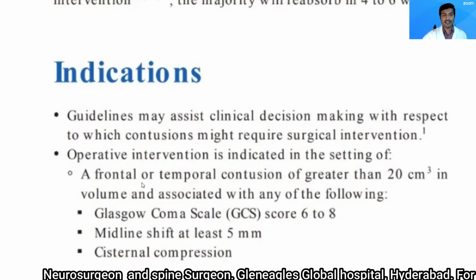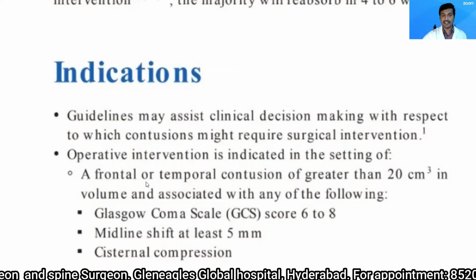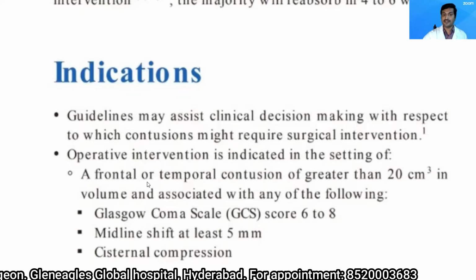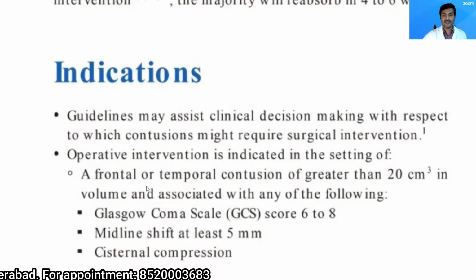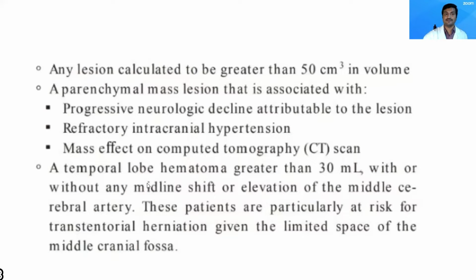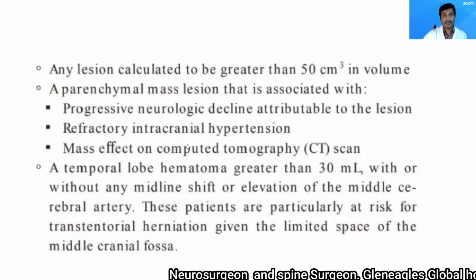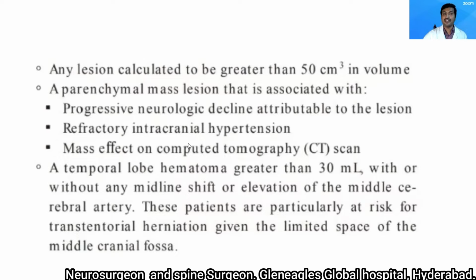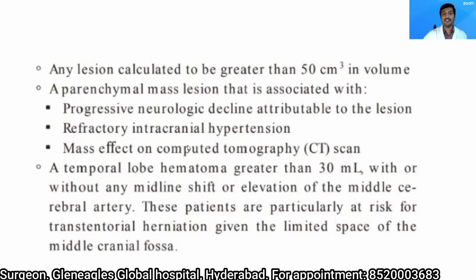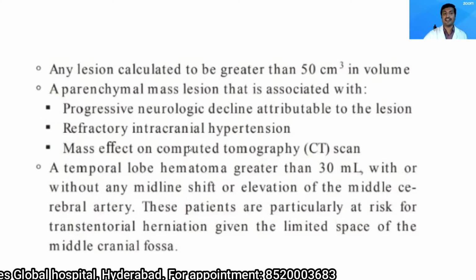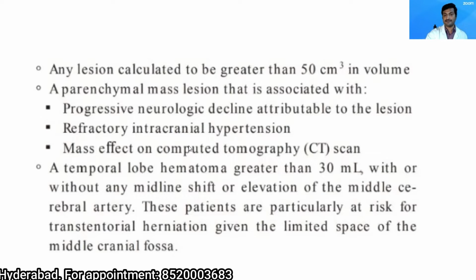A frontal or temporal contusion of greater than 20 cc in volume associated with any of the following: Glasgow Coma Scale of less than 8, a midline shift of at least 5 mm, cisternal compression seen on CT scan of brain, or any frontal lesion greater than 50 cc in volume, or a parenchymal mass lesion irrespective of the volume if it is causing progressive neurological decline, refractory intracranial hypertension, or mass effect seen on the CT scan of brain.